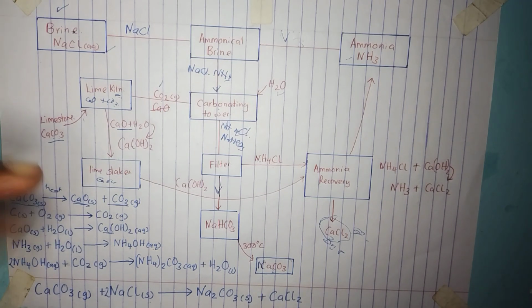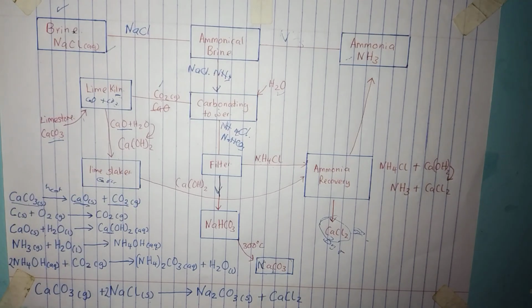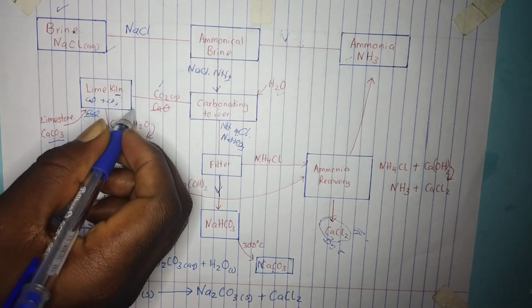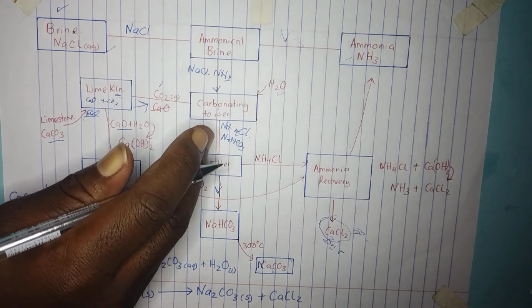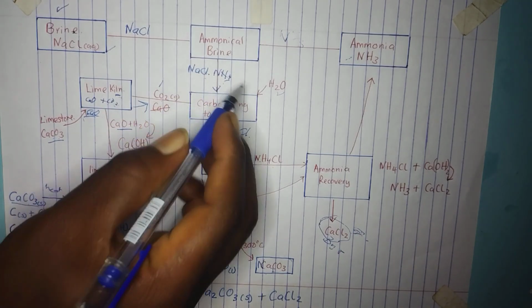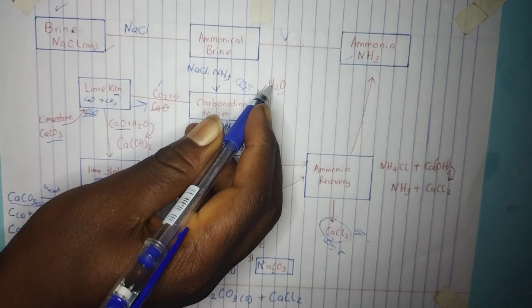So that is the reaction between ammoniated brine and CO2. We have left the calcium carbonate on this side, and we have taken the CO2 to the carbonating tower. So the reaction is between sodium chloride, ammonia, and CO2 plus water.